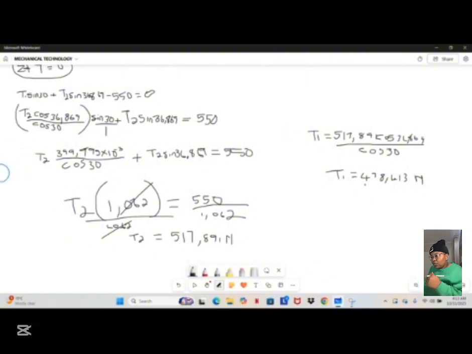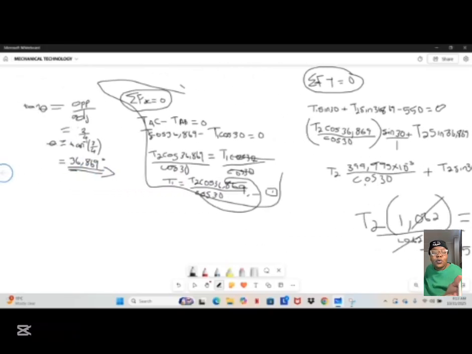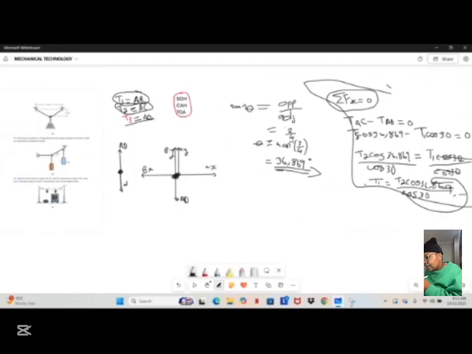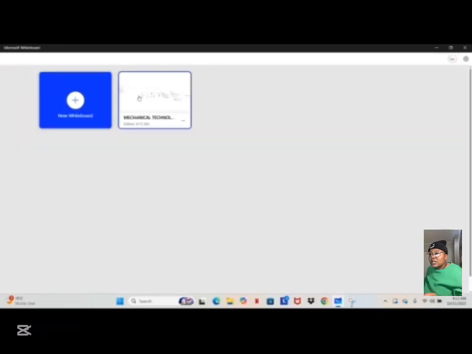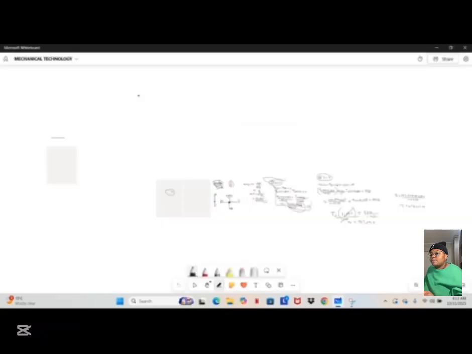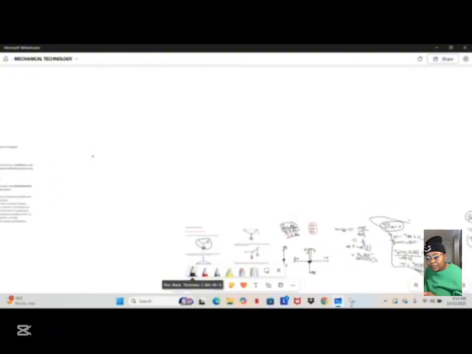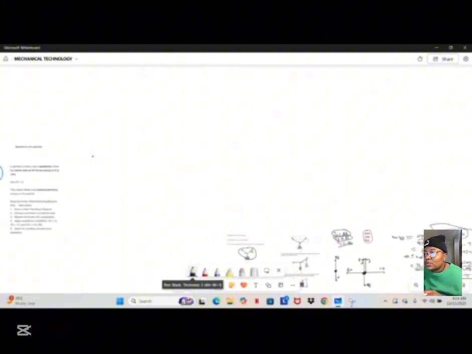Number three, we resolved all the components. Number four, we solved for the forces simultaneously, and number five, we actually solved everything. So this is how it's gonna be. The sum of horizontal forces is equals to 0. The sum of vertical forces will be equal to 0.